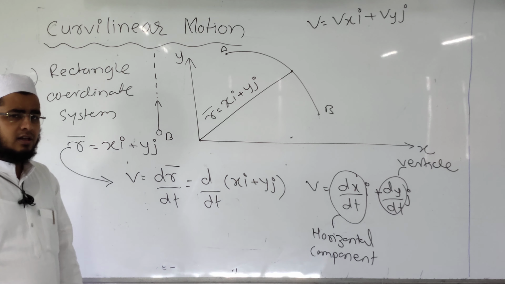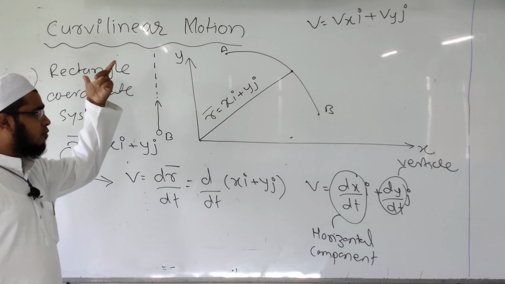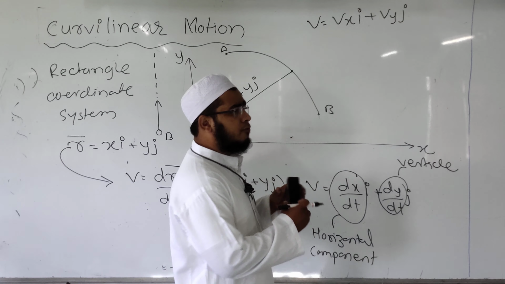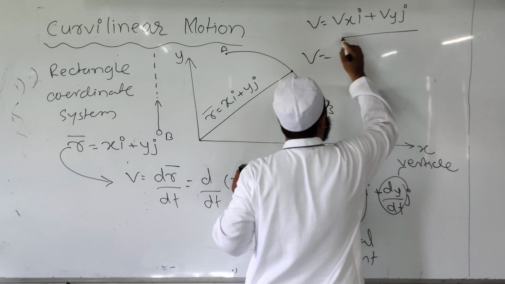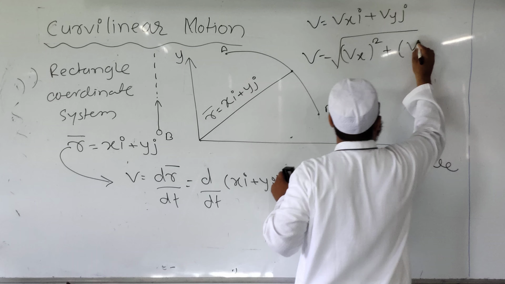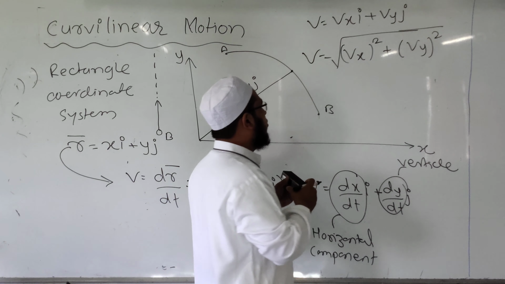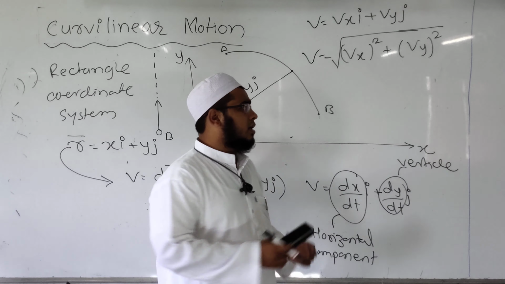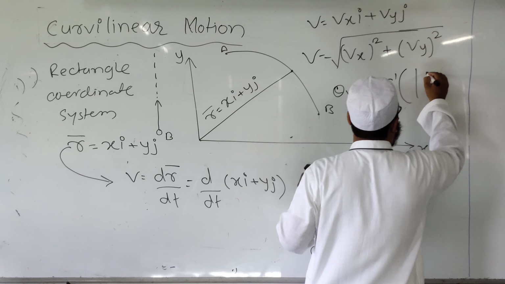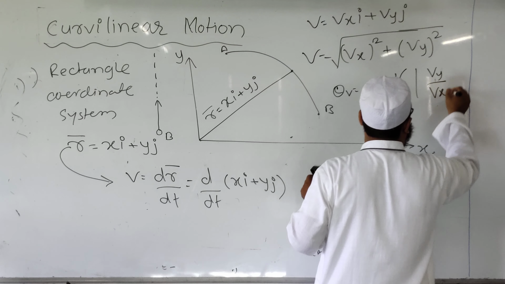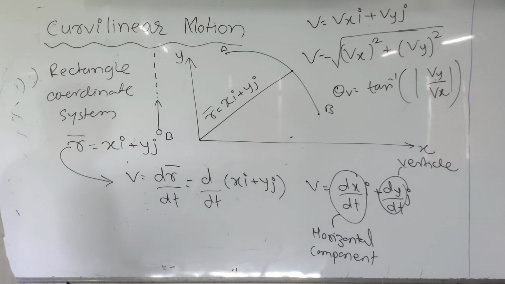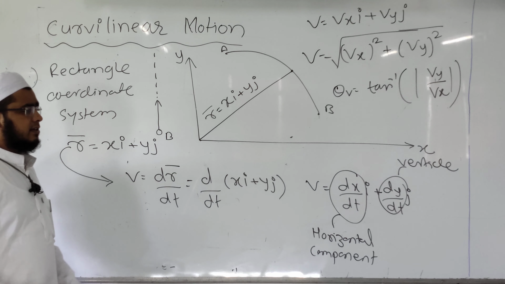As we know, in rectangular coordinate system x and y are perpendicular to each other. If I require the magnitude of velocity v, then whenever two vector quantities are perpendicular to each other, v equals root of vx square plus vy square. If direction is required, theta v is tan inverse mod of vy divided by vx.